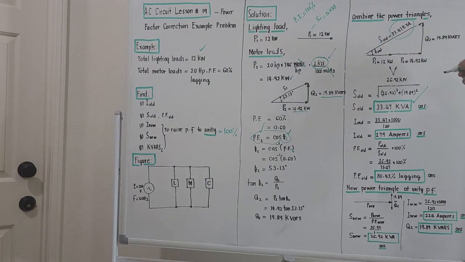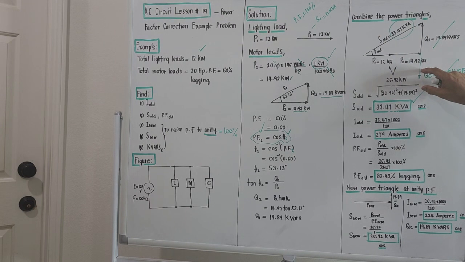So if we eliminate this, we connect a capacitor in parallel with the system. Put a Q sub C, in which the value of Q sub C will be 19.89 kilovars. To eliminate this big 33.47 kVA, you kill this one with this, right? So this is upward, this is downward. What comes out will now be simply a straight line.